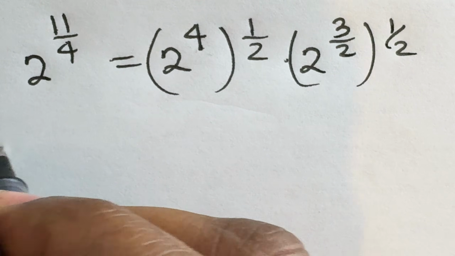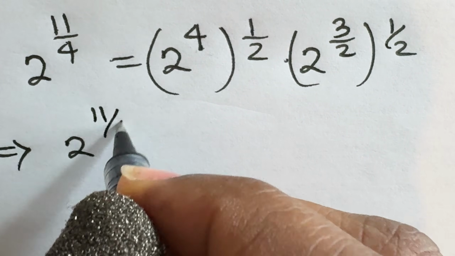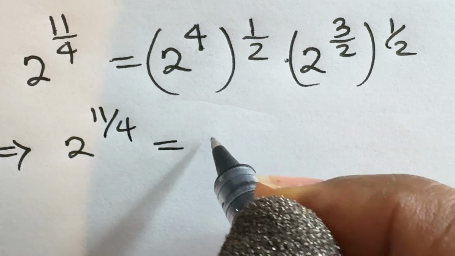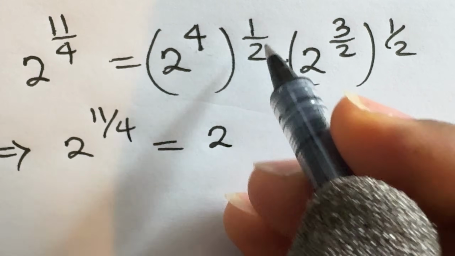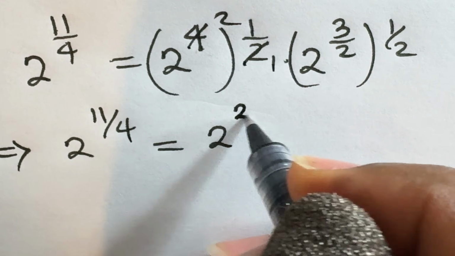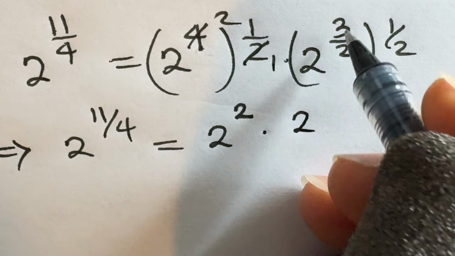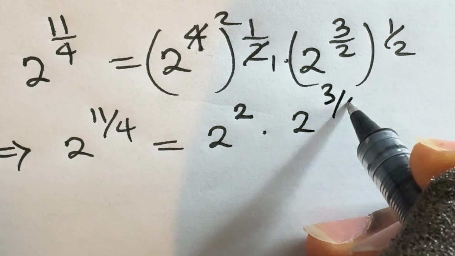This implies 2 raised to power 11 over 4 is equal to 2 raised to power 4 times 1 over 2, this is 2, so 2 raised to power 2, then times 2 raised to power, this is 3 over 4.